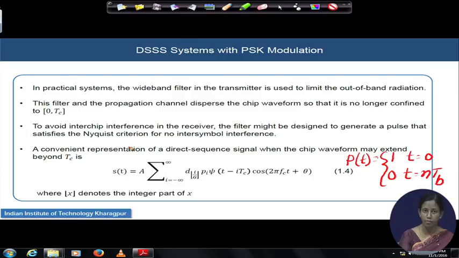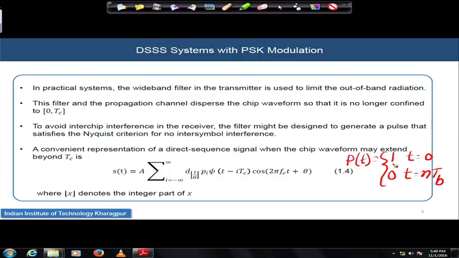If I map it into our case, then we need a pulse whose value will be equal to 1 at t equal to 0, and exactly equal to 0 when t is equal to n into Tc. How will the pulse look then?